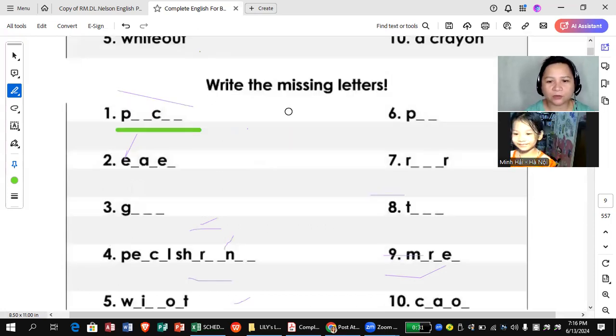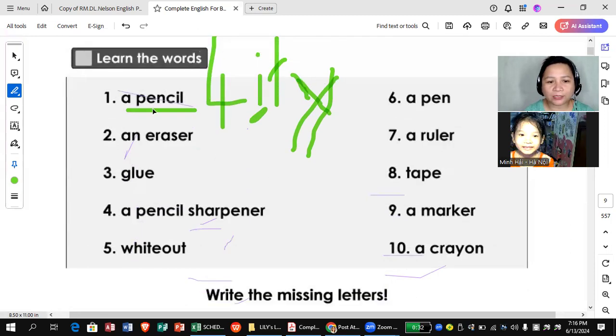Okay, so write the missing letters in number one. It's in here. Number one, a pencil.